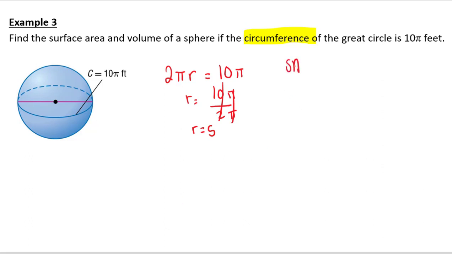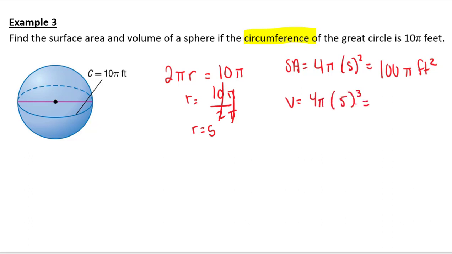So my surface area is 4 pi r squared, which simplifies to be, that doesn't feel right. I have it wrong in my notes. And then my volume, 4 pi 5 cubed.